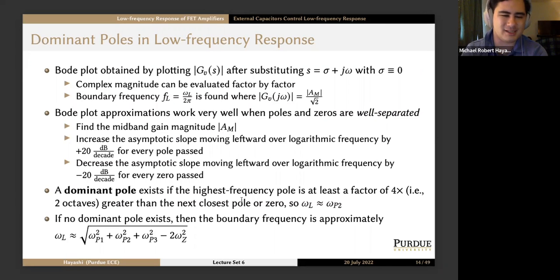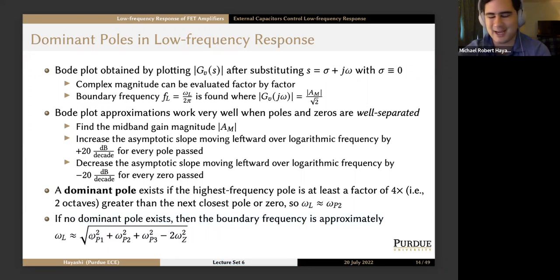If no dominant pole exists, then the boundary frequency is approximately this expression: omega L is approximately the square root of omega P1 squared plus omega P2 squared plus omega P3 squared minus 2 times omega Z squared. We don't have time to get into how to derive a formula like this.